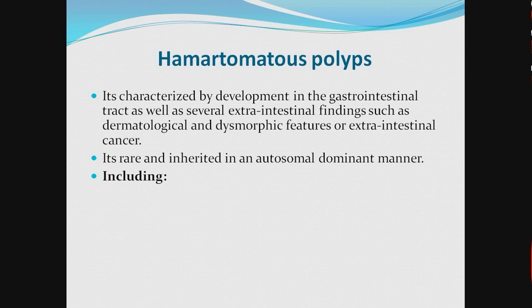The most characteristic feature of Hamartomatous polyposis is that it develops in the gastrointestinal tract as well as several extra-intestinal findings, such as dermatological and dysmorphic features or extra-intestinal cancer.